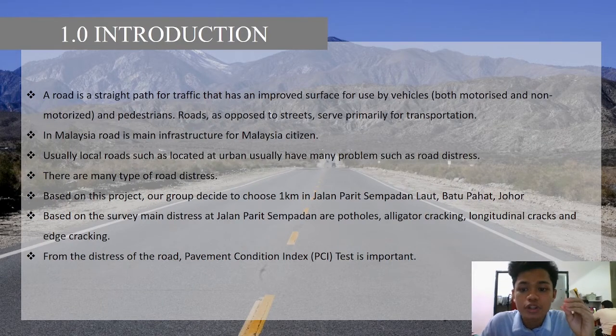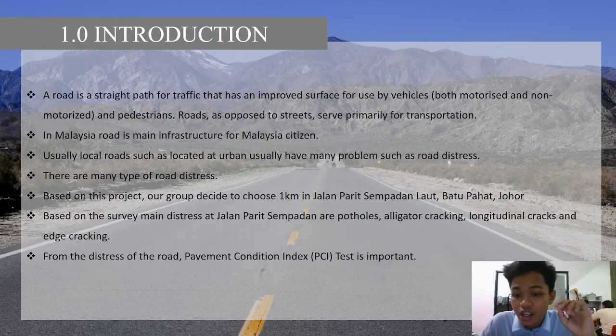Usually local roads located in urban areas have many problems such as road distress. So in this project we chose Jalan Parit Sepadan Laut, Batu Pahat, which is in an urban location. We decided to choose 1 kilometer at the place.